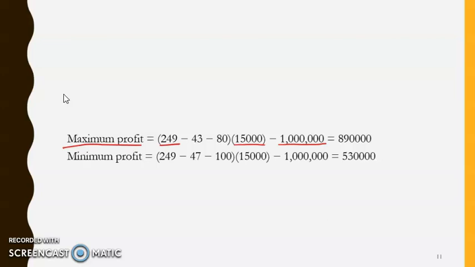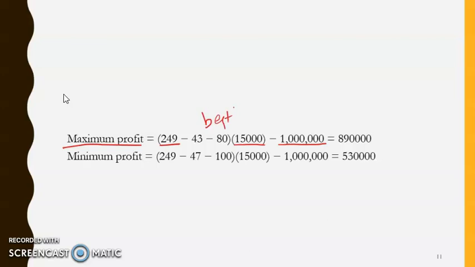In the best case scenario, when you are manufacturing something, everything is the cheapest. So it can be any number between 43 and 47. So the best case scenario is 43, the cheapest. When it comes to parts cost, since it can get any number between 80 and 100, the best case scenario is 80 because it is the cheapest.